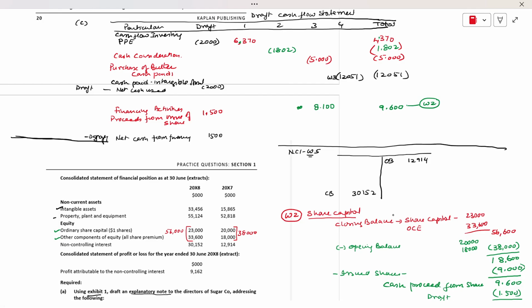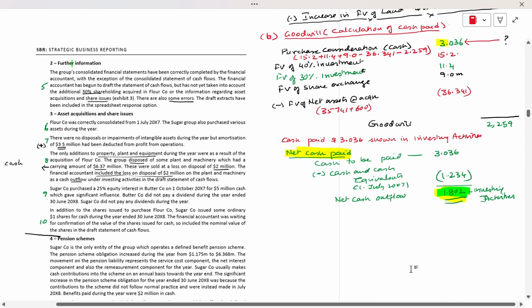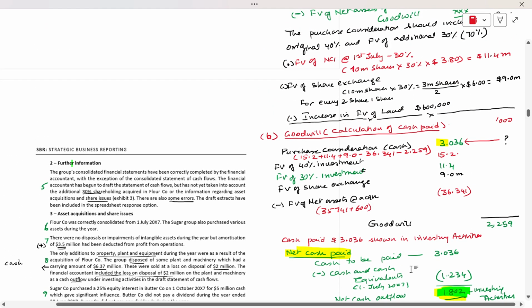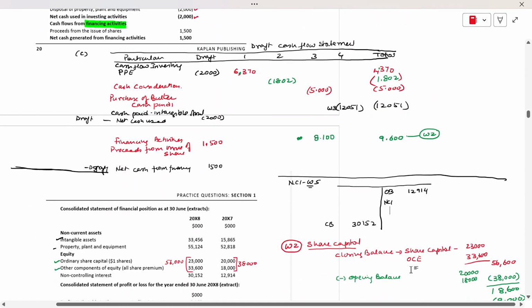Okay, now we have calculated 11.4. Okay, we have calculated 11.4 NCI. Is that NCI at acquisition? Is it where we have calculated that? Here, fair value of NCI at acquisition, point number B. Okay, point B. Is it 30% fair value?